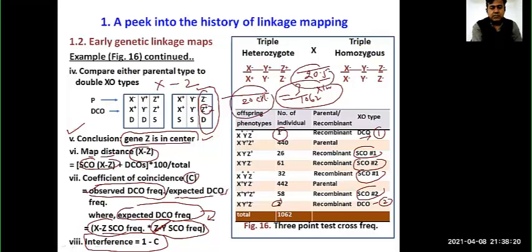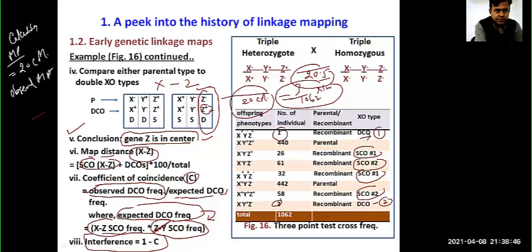So sometimes they can give you such kind of example, a calculated map distance is 20 centimorgan and observed map distance is 20.5. So what will be interference? Interference will be 20.5 minus 20, interference will be 0.5.